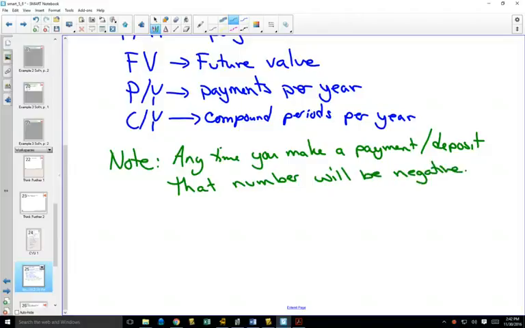And the opposite, anytime the bank is giving you money or giving you something that is worth money, those values will be positive.